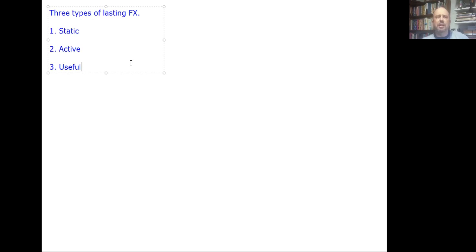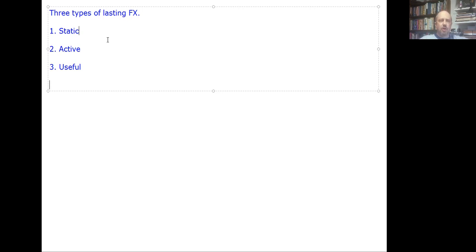When we create lasting effects, there are really three basic categories that I could think of for how the rules work and, narratively speaking, what seems to make the most sense. Those three types of effects are static, active, and useful. As I mentioned last time, I talked about static effects as if they were the only type of effect there are, and that's not really accurate.